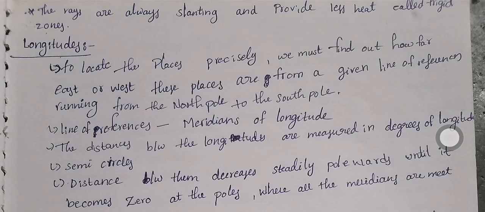Because if you consider only latitudes, we can find out whether a place is east or west, but we cannot find out whether it is north or south. That's why we need these lines of reference.